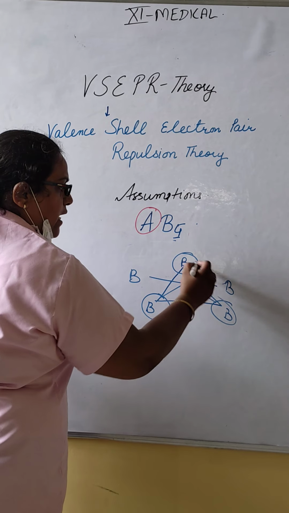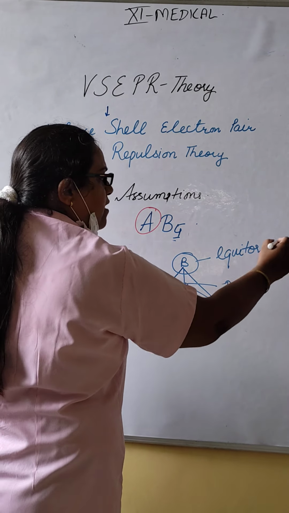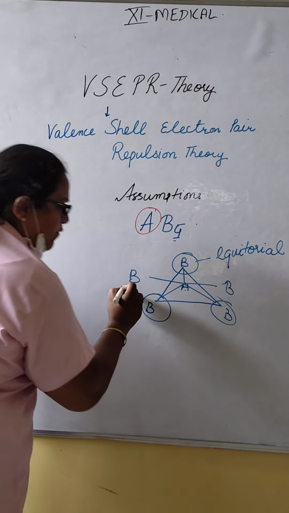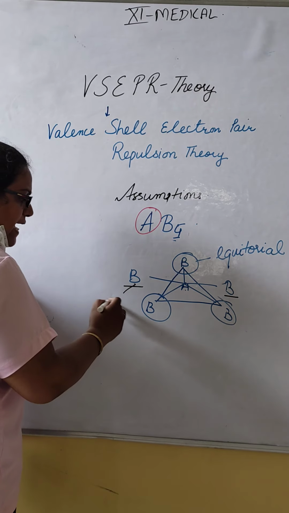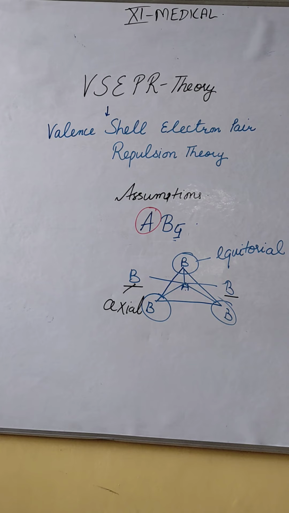These three are equatorial positions. The name of these B positions is equatorial. And the name of these two B positions is axial. What is its name? Axial. Is it clear? Yes.